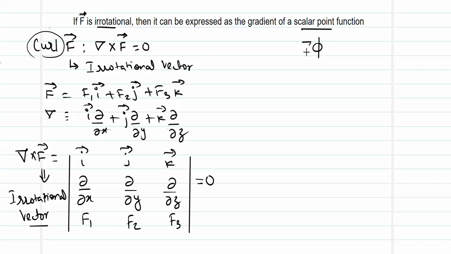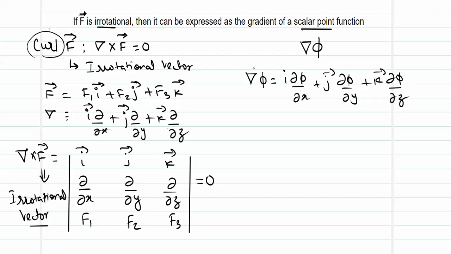It is given by del operated on phi. Del phi is equal to i dou phi by dou x plus j dou phi by dou y plus k dou phi by dou z.